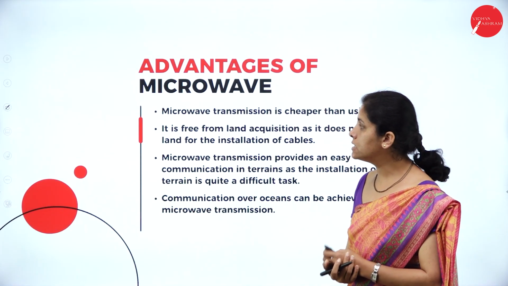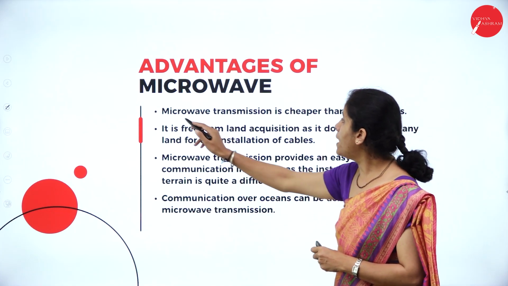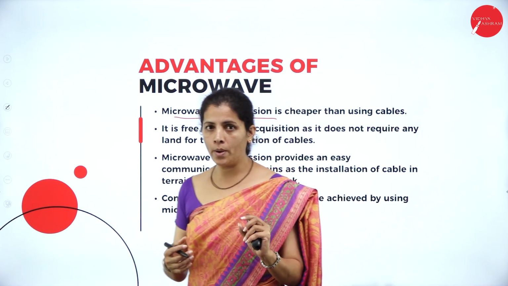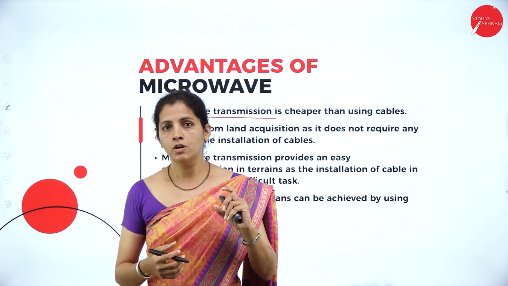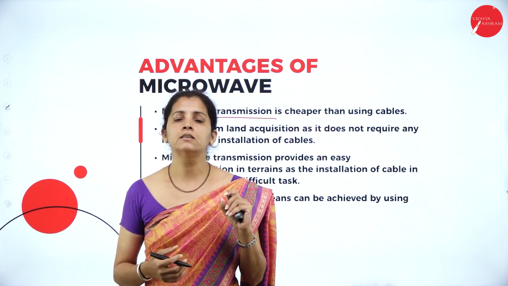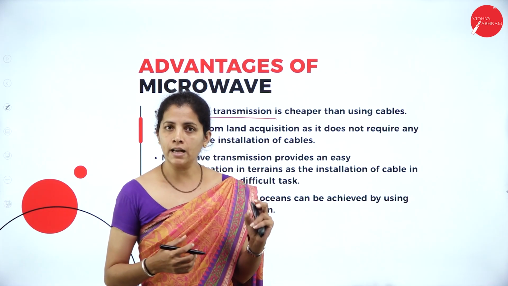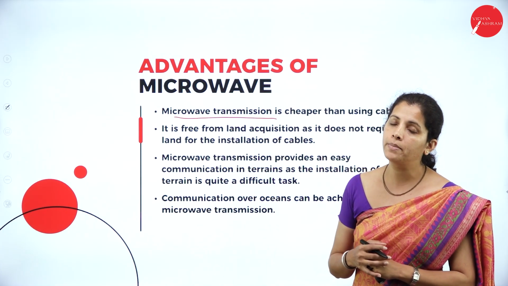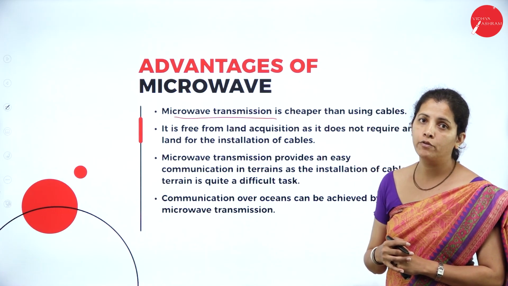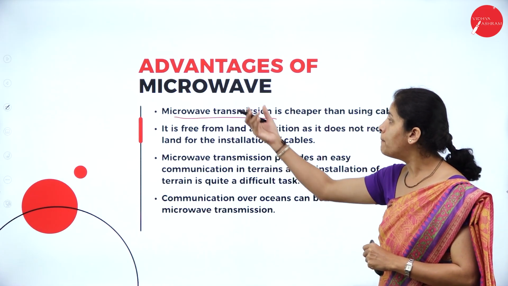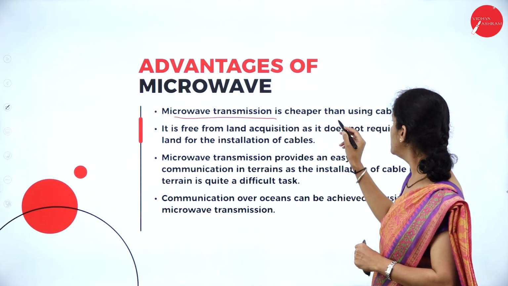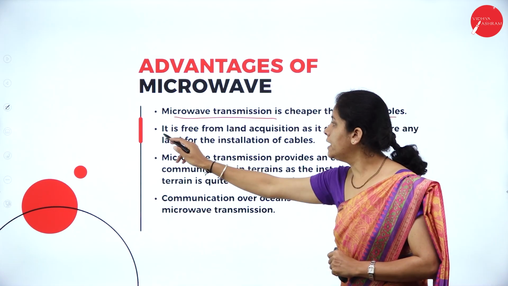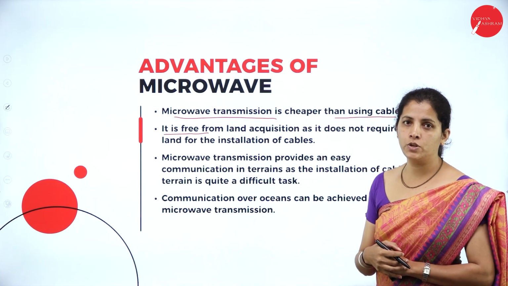Now let me consider the advantages here. Microwave transmission is cheaper. If I send the data using microwaves, then it is cheaper, because if I consider guided media like twisted pair, coaxial or fiber optics, I have to pay money for the wires. But microwave transmission is cheaper than using cables. And it is free from land acquisition.